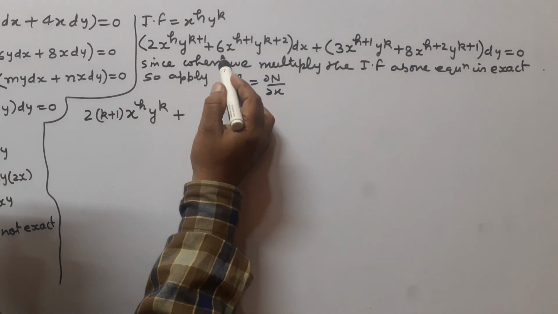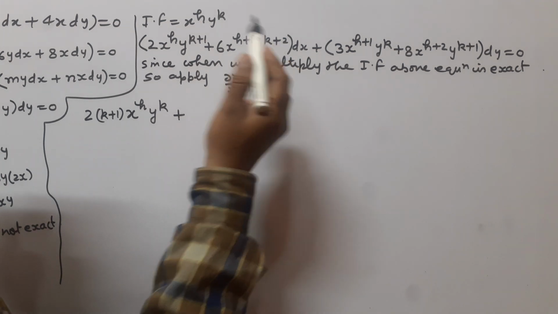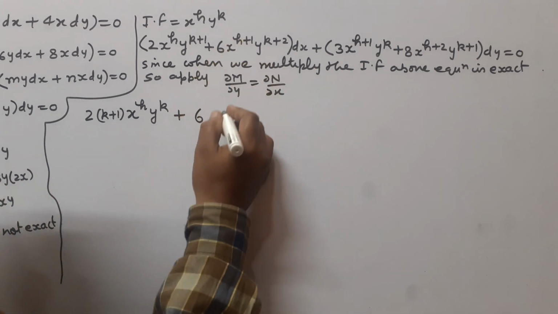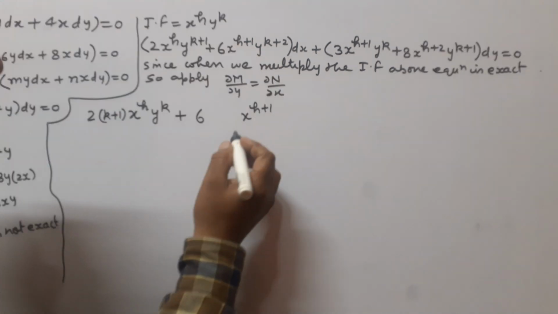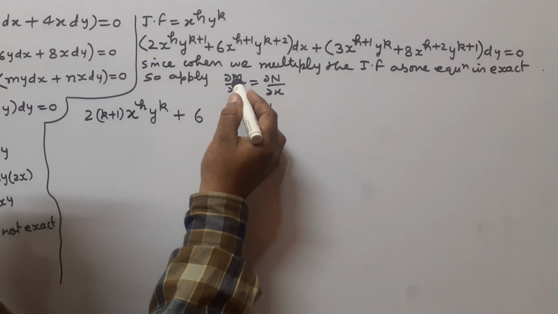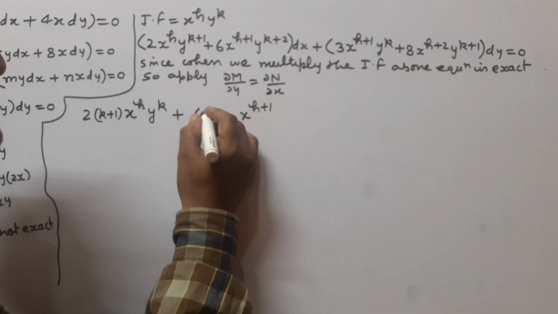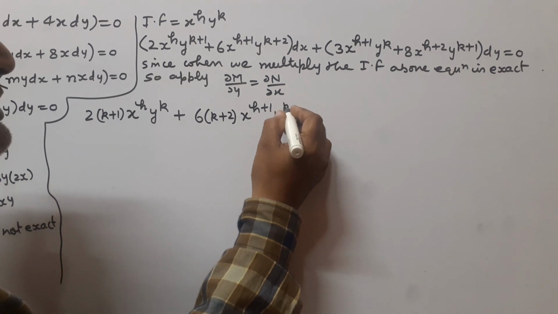Here we differentiate 6x^(h+1) y^(k+2), so 6x^(h+1) is constant because we differentiate M partially with respect to y. Now we differentiate y^(k+2), we get (k+2) y^(k+1).